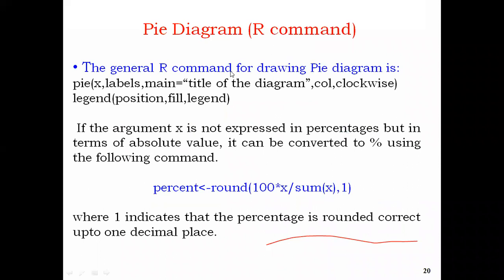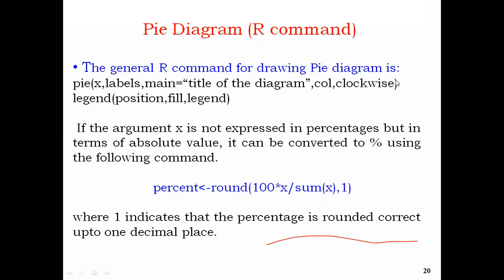Then labels, then main. Labels here would mean xlab, ylab, but we are not using them because a pie diagram is in a circle. Main means the title of our diagram, so here we are giving pie diagram.